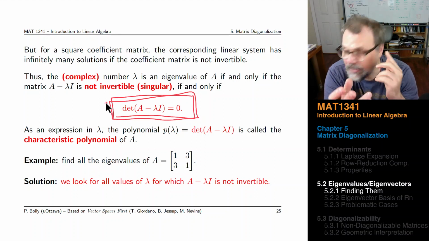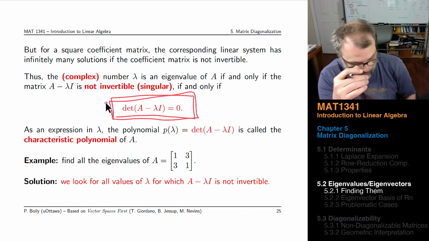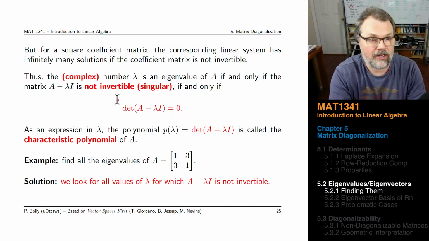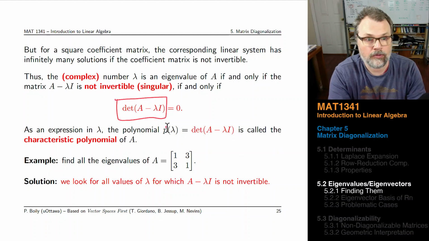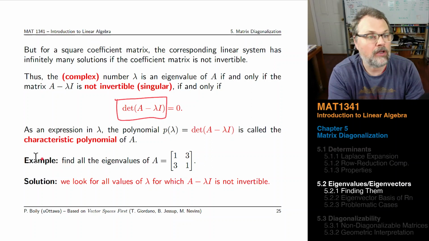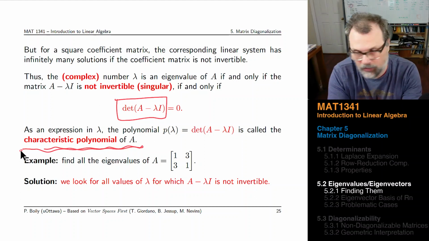The determinant is a number. In fact, if you have an n by n matrix, this expression on the left is a polynomial of degree n in lambda. We call it the characteristic polynomial of A. Some people call it the eigenpolynomial of A.